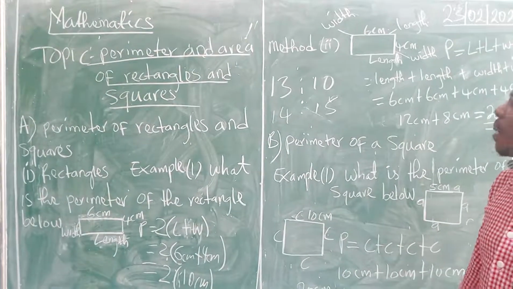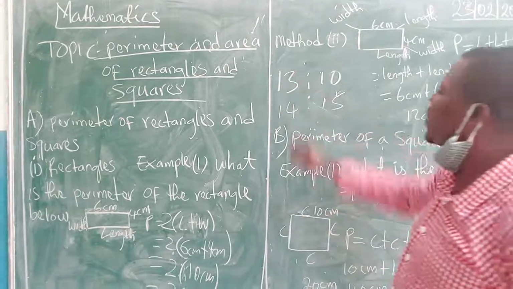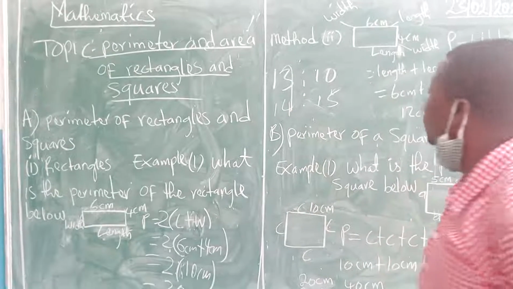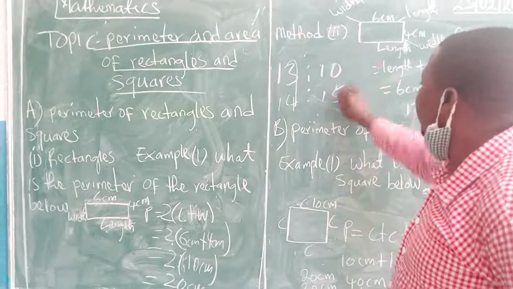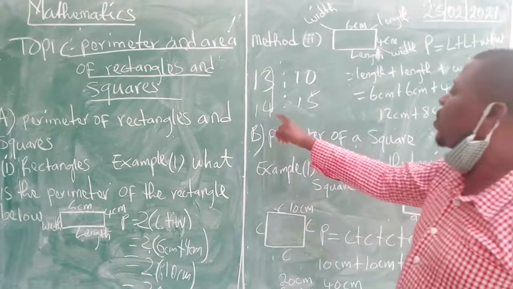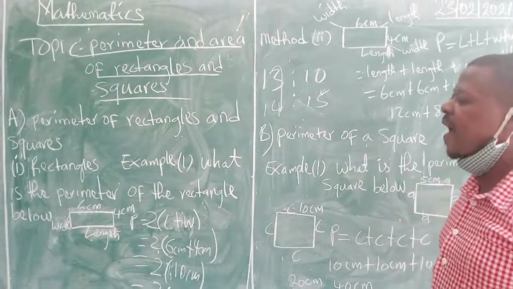We actually did this on a number line, and to move from 13 to 14 will pass 1 hour. That is 1 hour. And to move from 10 to 15 minutes will pass 5 minutes. So the total length of time for our party will be 1 hour, 5 minutes.